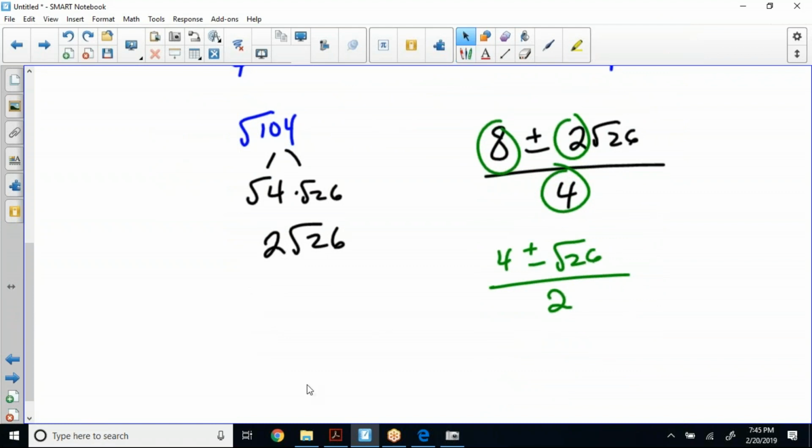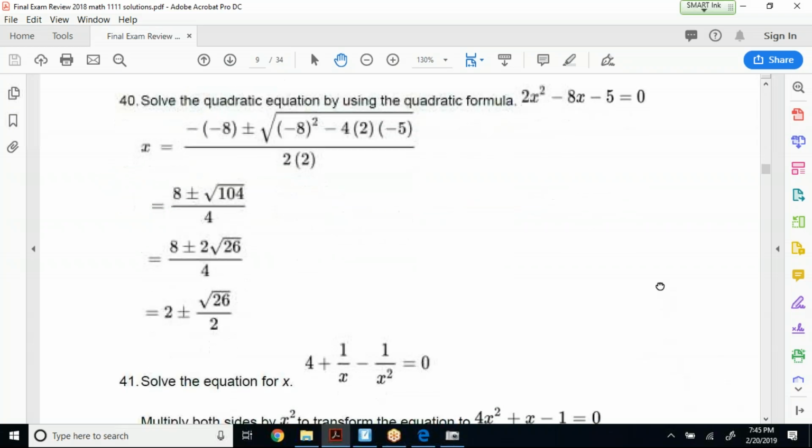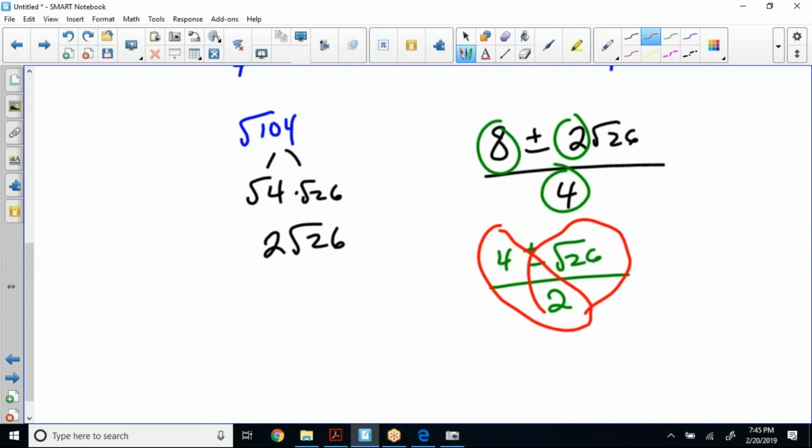Okay, hold up. Let me see. Okay. All right. So watch what I'm about to do. You got to understand that this, if I do this right here, then it's going to leave me with this. Those are the same.